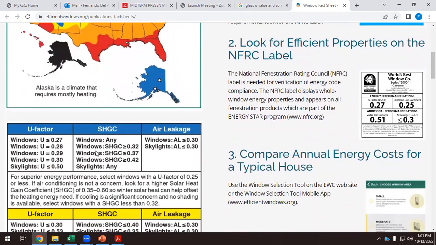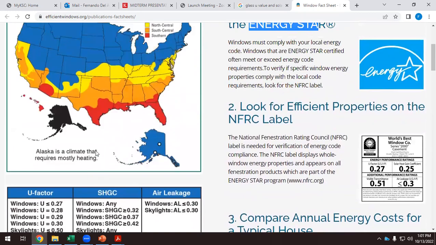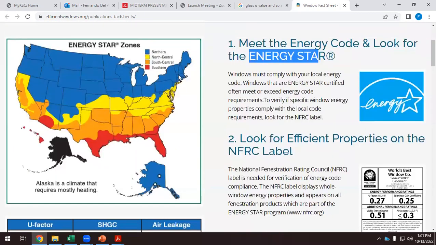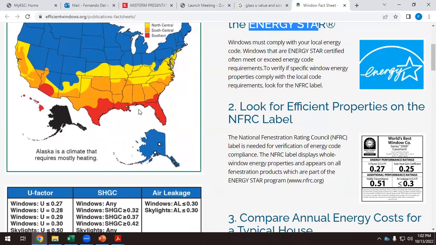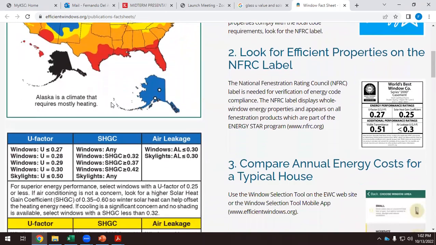So what do they recommend? They have divided the country in different areas. So you have the northern, and then you have the north central, south central, or southern, basically the Caribbean or the Gulf of Mexico, sorry, and California, or New Mexico, and Hawaii, of course.